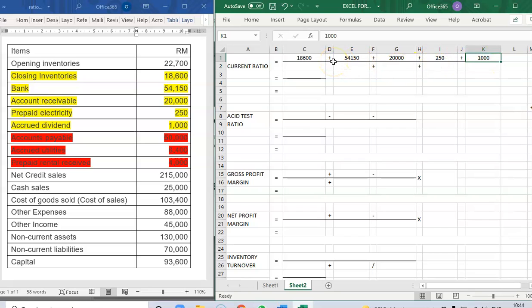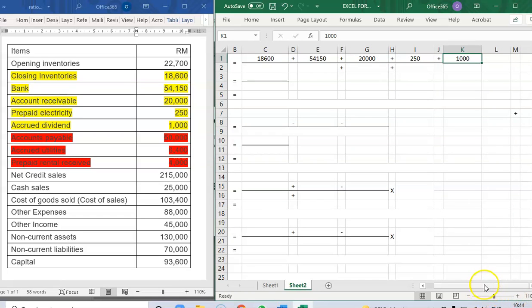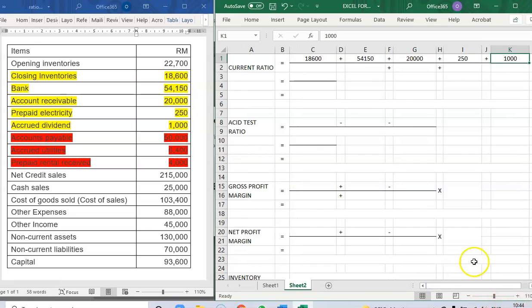You cannot just put the total amount, because it is very dangerous. Sometimes you wrongly calculate the total and the figure is different from the actual answer, and you will not be given any marks if the total is different from the actual answer.